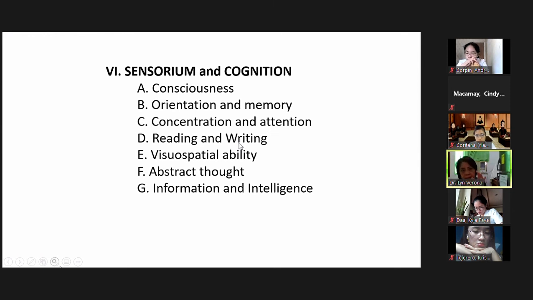But at least in mental status, you see the patient, and it is the current thinking of the patient. So your psychiatric history is the information previously. So that is the difference between the psychiatric history and the mental status examination.